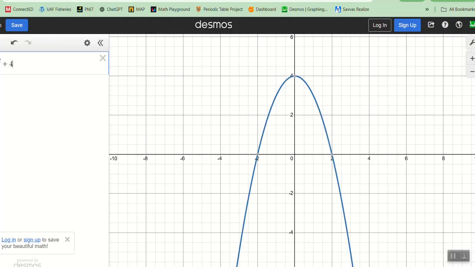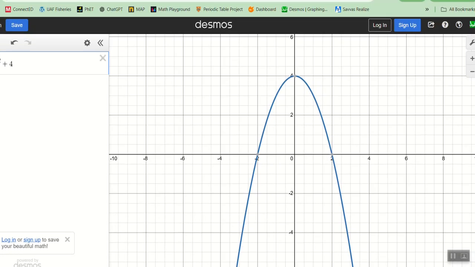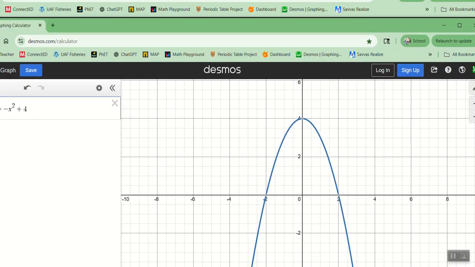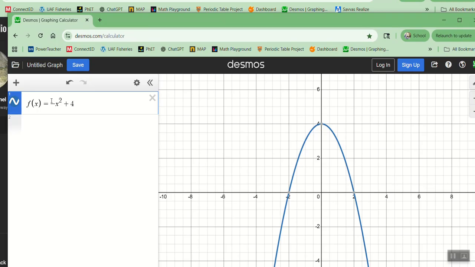For this particular function, here it is. I can see the equation, -x squared plus 4. I can see the graph. Which one do you think is easier for us to make sense of the domain and range from?